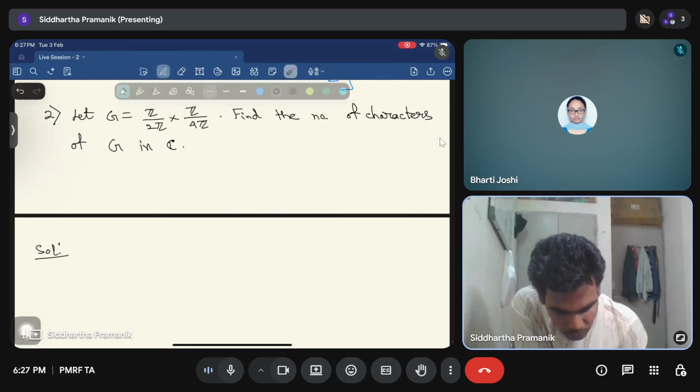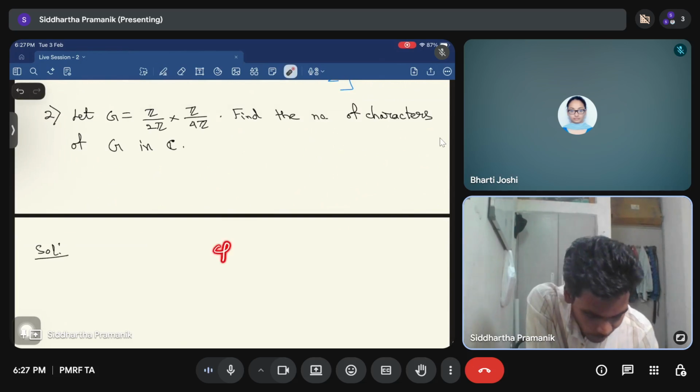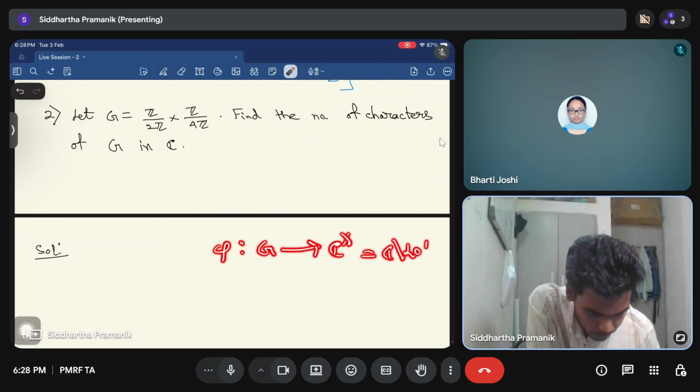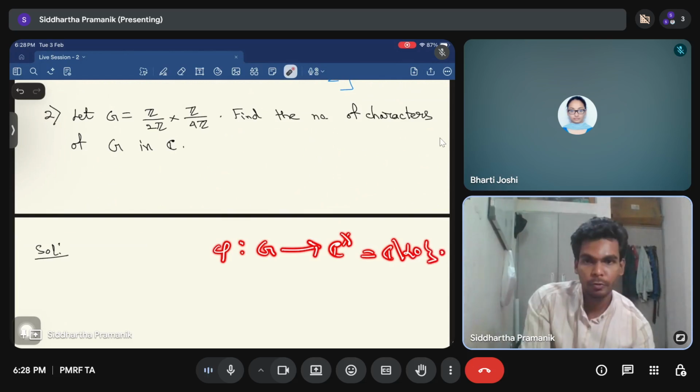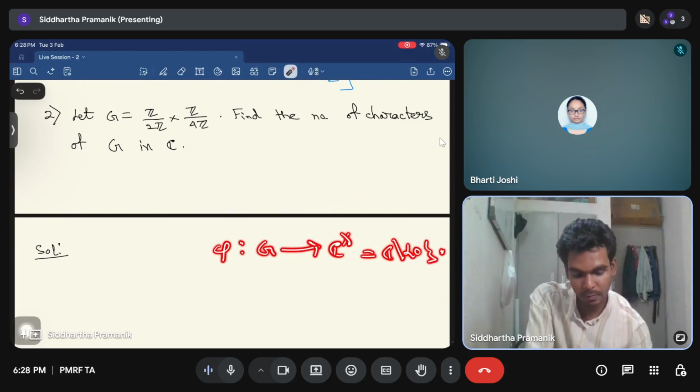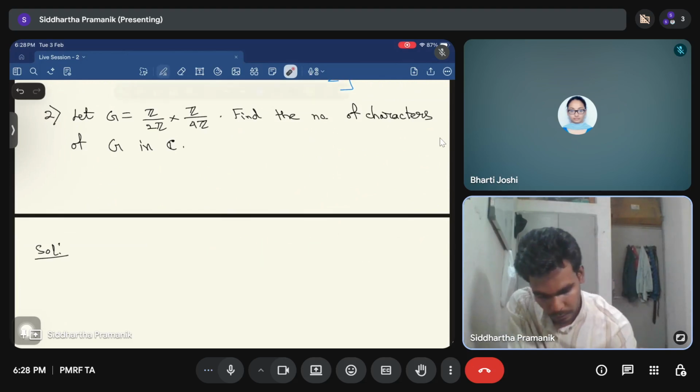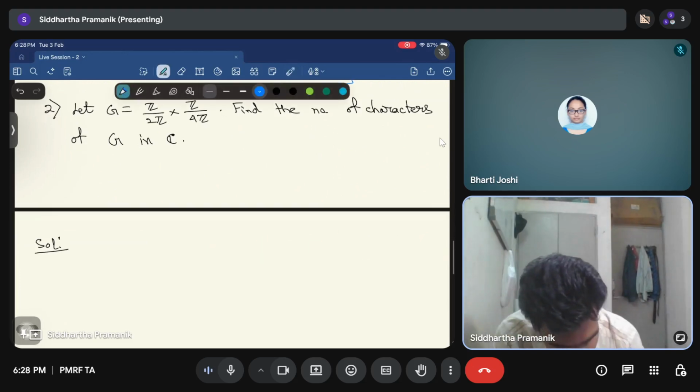So what do we mean by character? So phi is a character of G in C. That means phi is a group homomorphism from G to the multiplicative group of C. So this is basically C minus 0. So we need to find how many group homomorphisms are there. So let me write this.